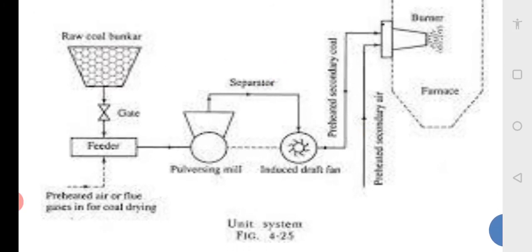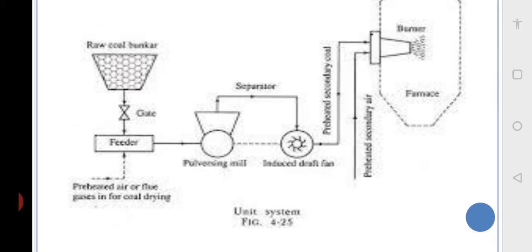You can see the raw coal bunker, that gate is there, feeder is there, where preheated air or flue gases is used for coal drying. Then it comes to the pulverizing mill. It is pulverized here. Then see here there is a fan known as induced draft fan. Induced draft means it is sucking.